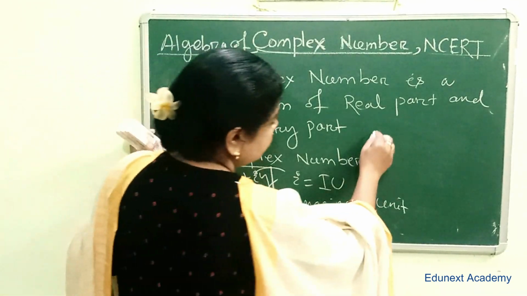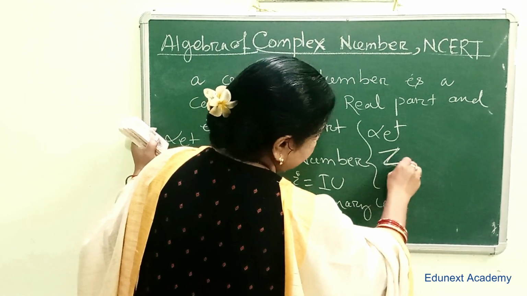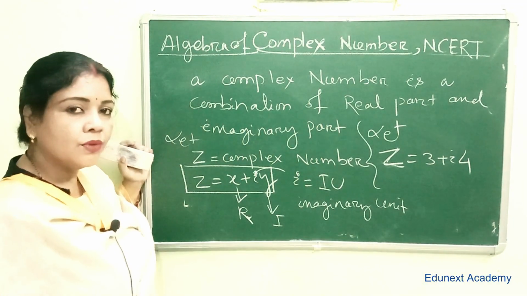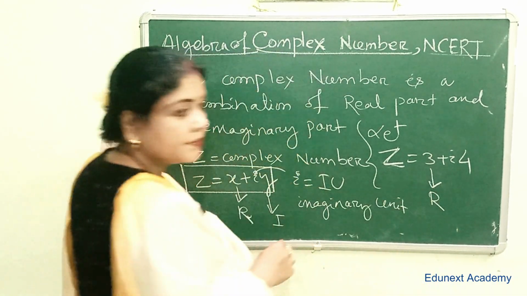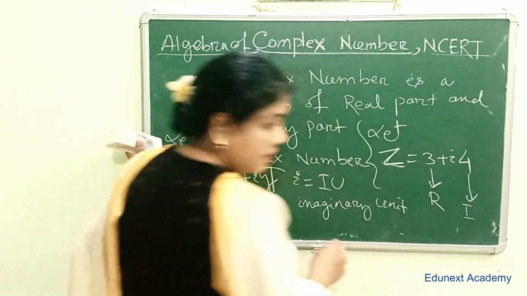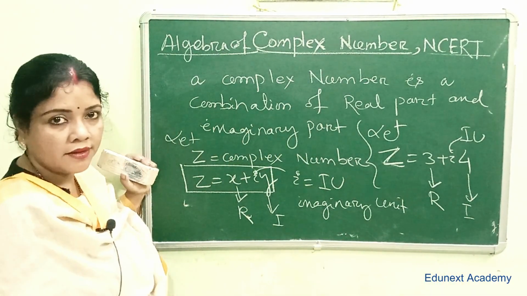Now let Z be 3 plus i4. So which one is the real part? The 3 is the real part or real number, 4 is the imaginary number and i is the imaginary unit. Right?